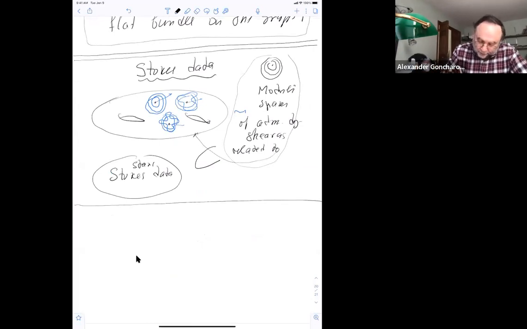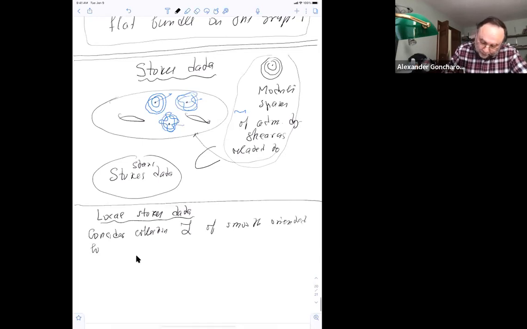So what is a local Stokes data? You consider a collection L of smooth oriented loops, let's call them L1 and so on, LM, on a punctured disk.